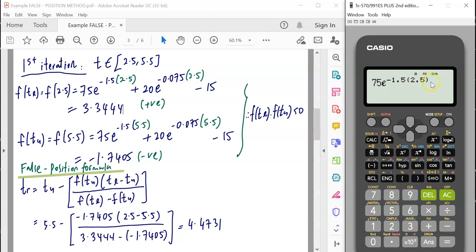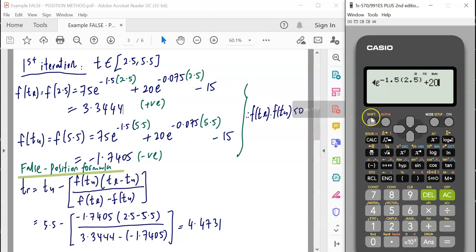Now you can see your cursor is in superscript. To go back to normal, you press the right arrow button. Now it becomes normal mode, and then you put plus. The next one we have 20. And again we have exponent to the power of negative 0.075 times 2.5.